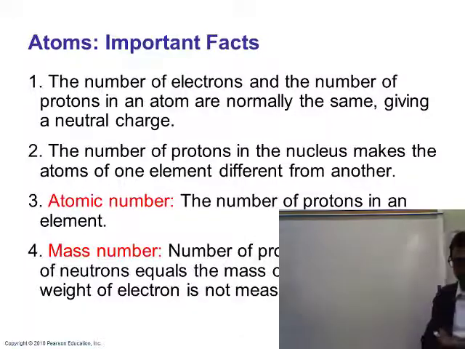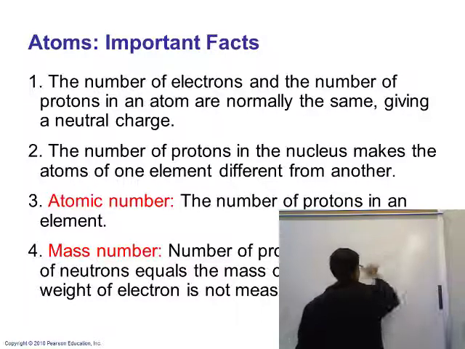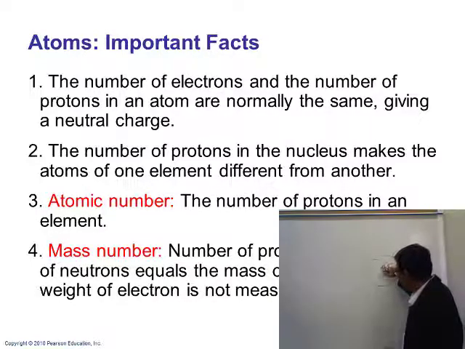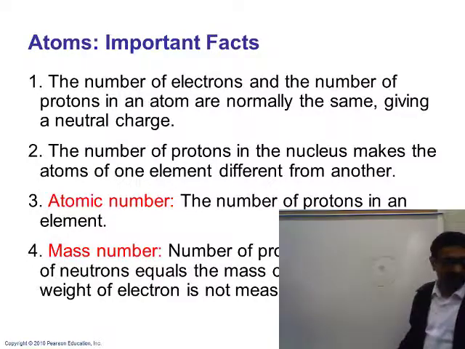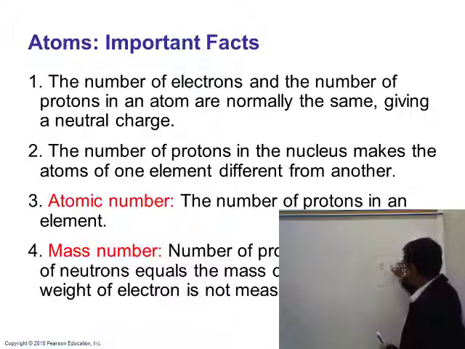Now, the atomic number and the mass number or atomic mass. Again, this is an atom, and this one got 3 protons, 3 neutrons, and the atomic number, very simple.